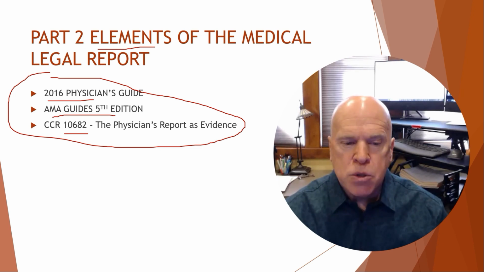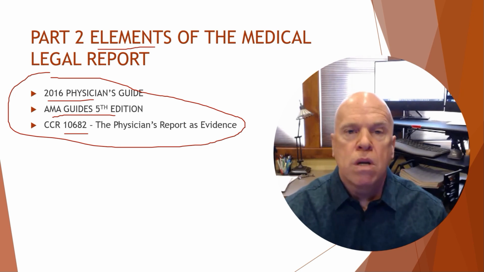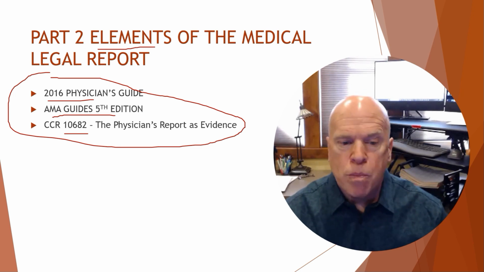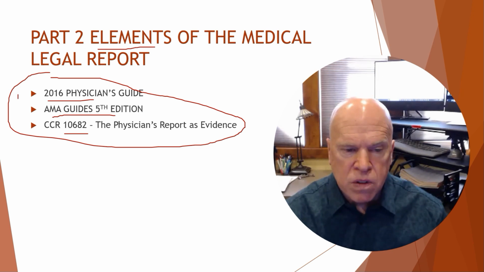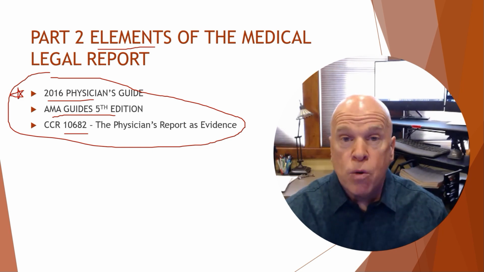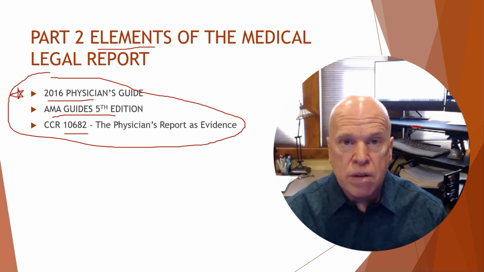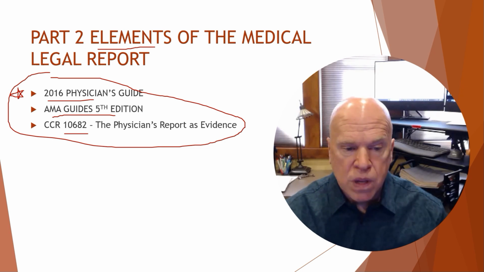And we're going to capture some of the elements from each of these references in constructing our own high-quality, top-notch medical legal report. Now, it's very interesting because the 2016 Physician's Guide, that's a California publication. That's a publication of the Division of Workers' Compensation.